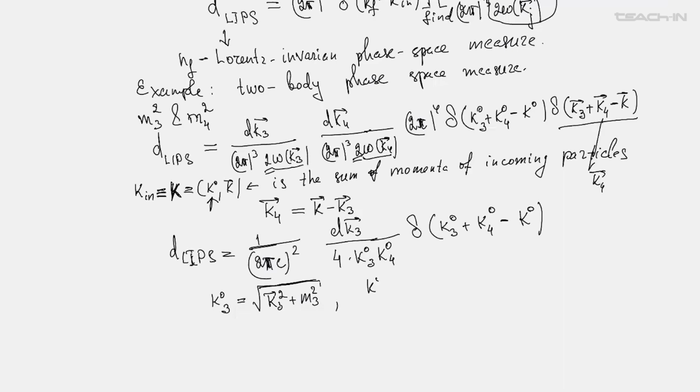So this is the square root of k4 squared plus m4 squared. But as we said, k4 is not actually an independent variable. So it is given by the square root of k minus k3 squared plus m4 squared, right?